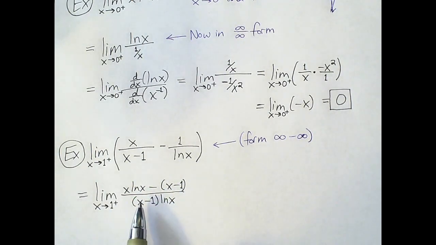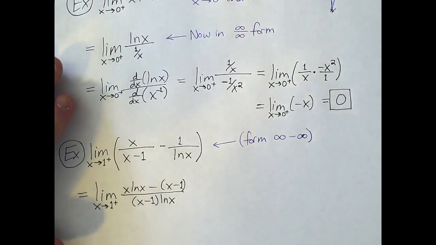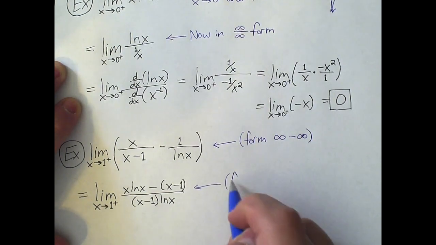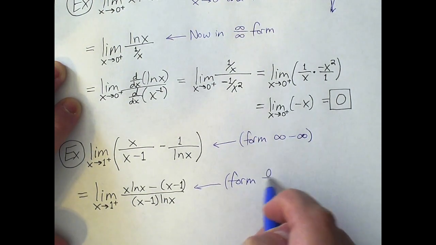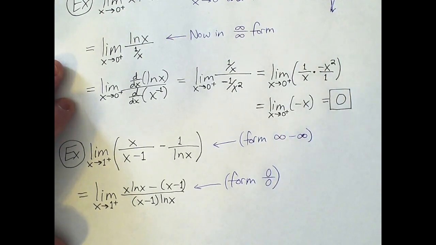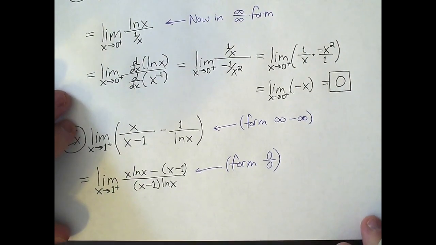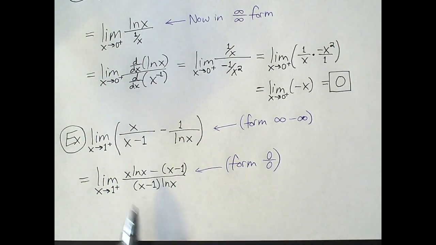The denominator, because of this x minus 1, is also approaching 0. So this is of the form 0 over 0. Just by combining it into one fraction, we got it into one of those more familiar forms. Now we can apply L'Hopital's rule to this. So I'd like you to try to finish it from here. I suggest that you pause the video and see if you can finish the problem.